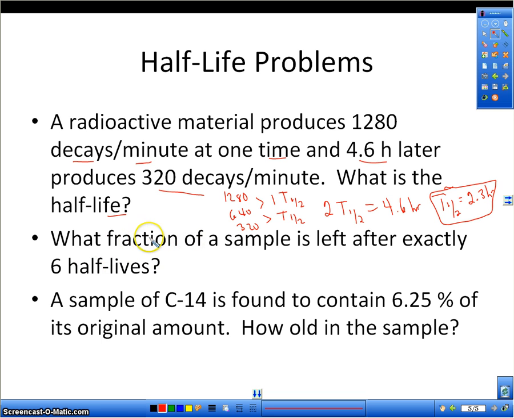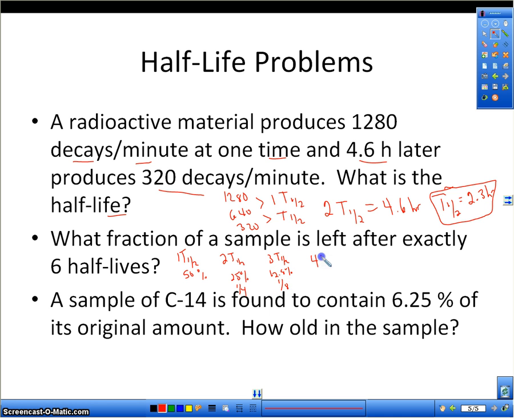Another example, what fraction of a sample is left after 6 half-lives? So after one half-life, we're at 50%, or half of it. After 2 half-lives, we're at 25%, or 1/4, right? After 3 half-lives, we're at 12.5%, which is 1/8.